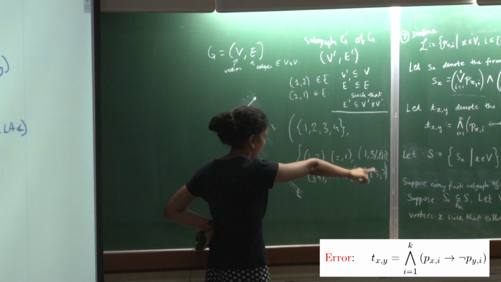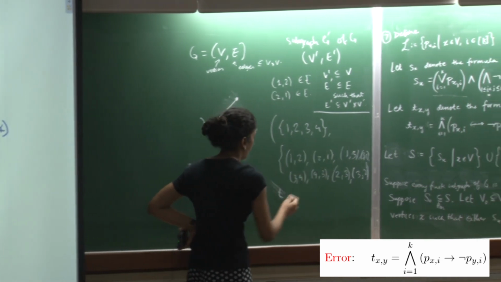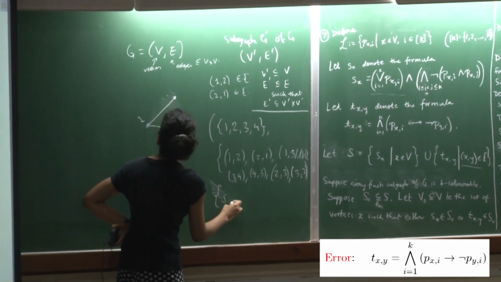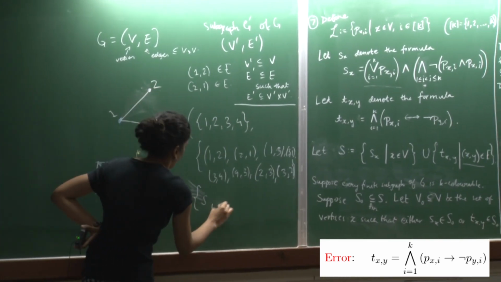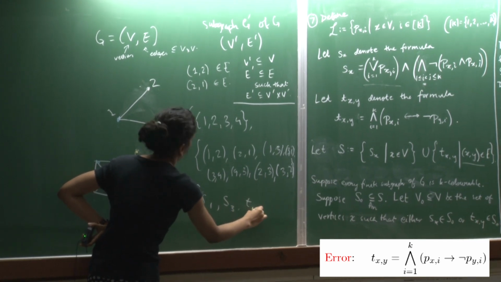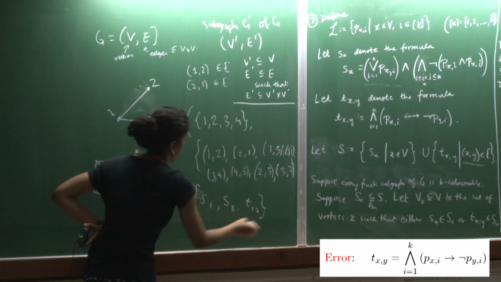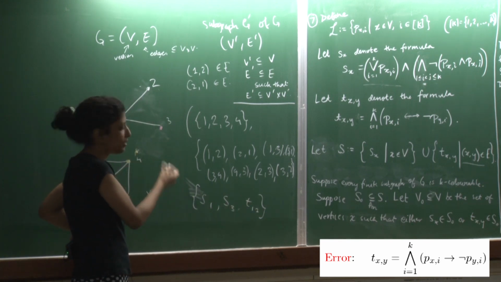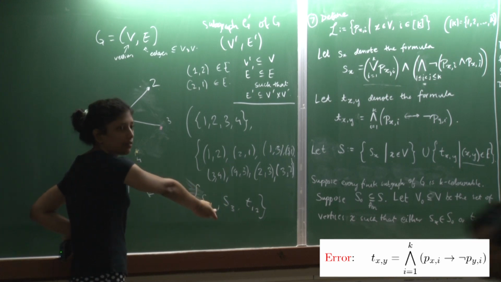Suppose that my finite subset of S contains the formulas S1, S3, T1,2. But this doesn't really correspond to any subgraph of this, right? Because it doesn't have the vertex 2 in it.